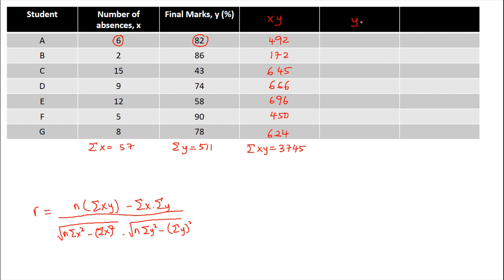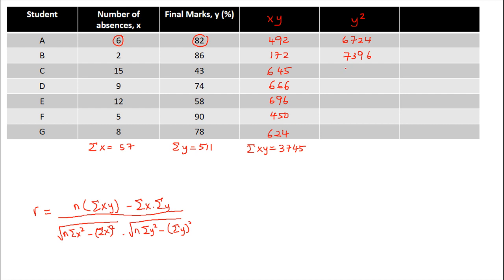Okay, for the next column we have to find the sum of y square. So for this column is for y square, so you just have to square the value of y. So 82 square is 6724. 86 square is 7396.